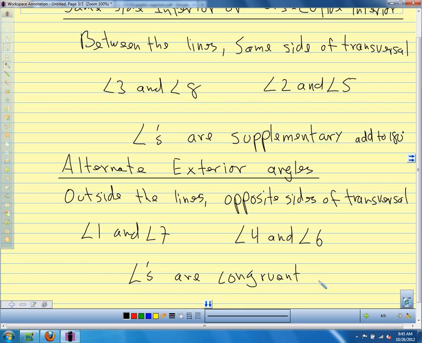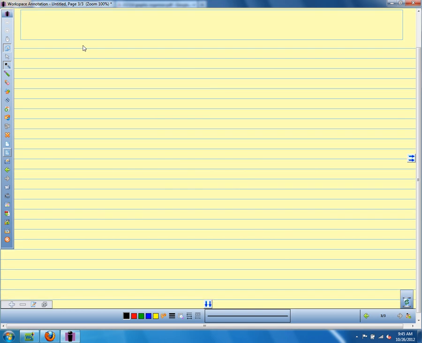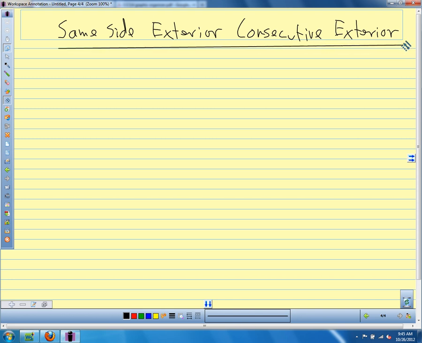So we're learning lots of different things about what happens when we have two parallel lines that are cut by another line. So let's move down one box to the same side exterior. Same side exterior or consecutive exterior. So what we're talking about here, exterior means we're outside the lines.